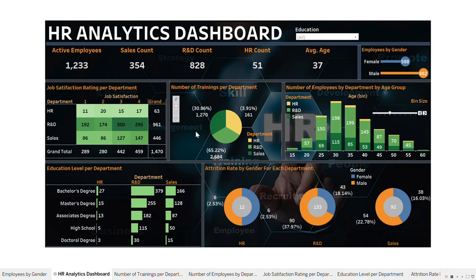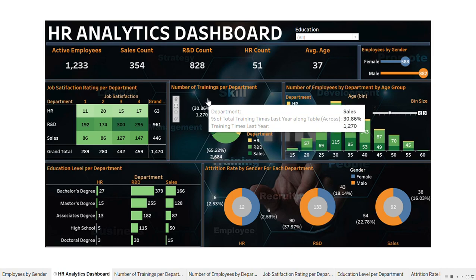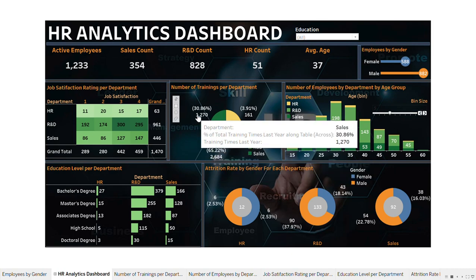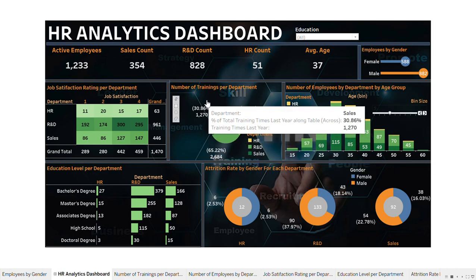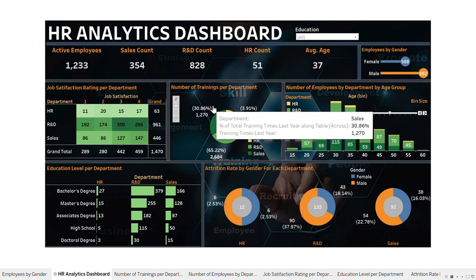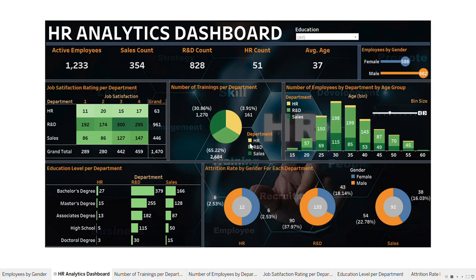So you may find that overall the number of trainings vis-a-vis the number of employees in the department could be balanced, and therefore maybe the company is actively involved in training of their employees, and this could bring good results or good returns in terms of output and maybe profits for the company, which can be a good thing.